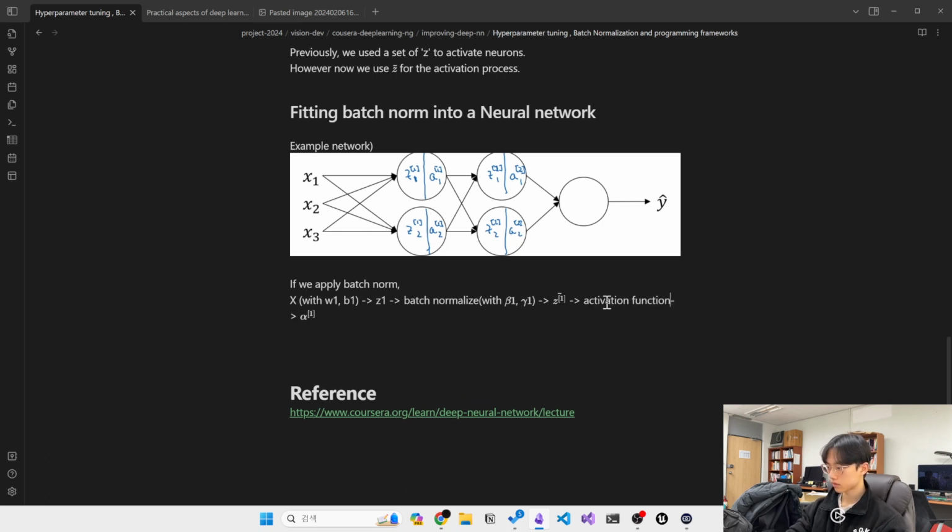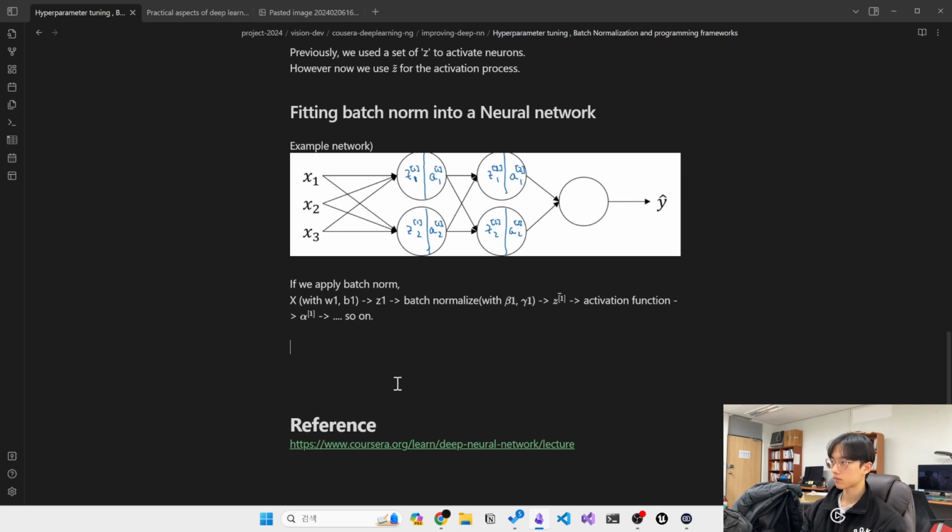Next, you take this value A1 and use it to compute Z2. And so this is now governed by W2, B2. And similar to what you did for the first layer, you would take Z2 and apply it through Batch Norm. I'm going to abbreviate that BN now. This is governed by Batch Norm parameters specific to the next layer, so beta 2, gamma 2.